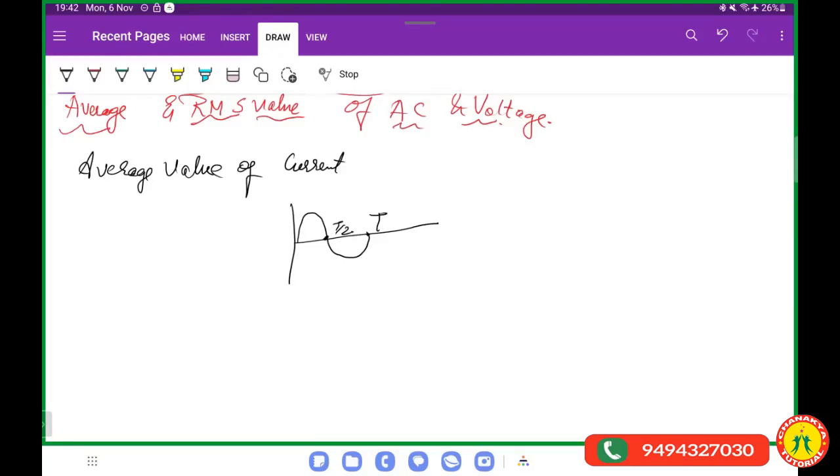So is it like the average of those two values, T by 2 plus T by 2?